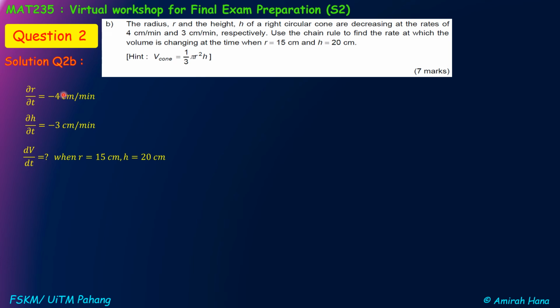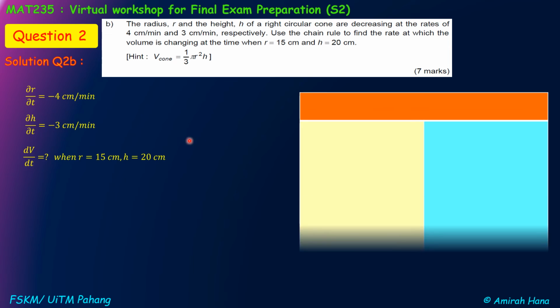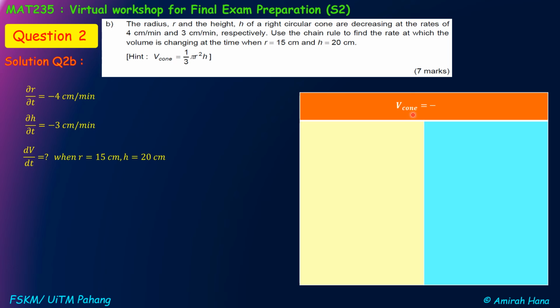After we extract all the information and write it in terms of mathematical symbols, we can start with volume of cone equals to 1 over 3 pi r squared h. From this formula, we have two variables, which are r and h. So we can differentiate using partial derivative with respect to r and with respect to h.